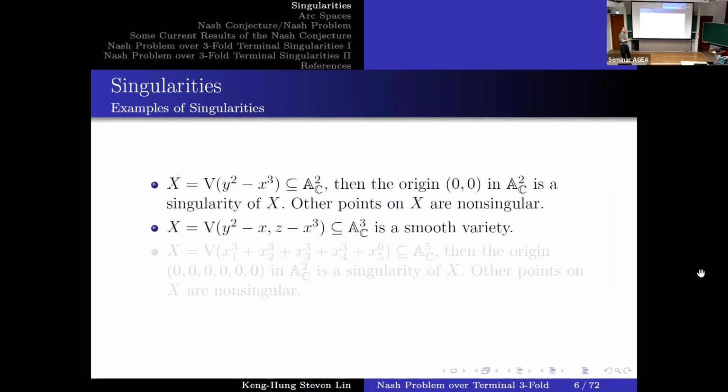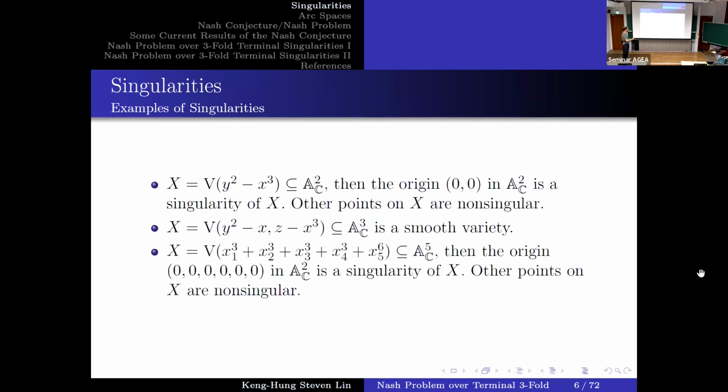You just need to calculate the Jacobian of this equation, and it is easy to check that it is singular. Then we have more examples of singular points and smooth points.